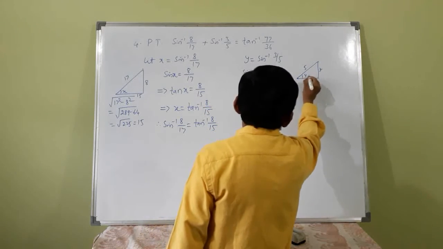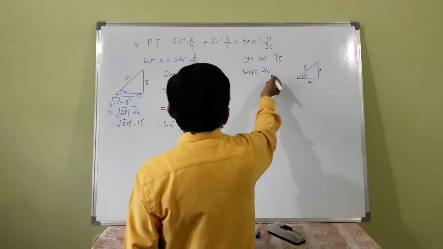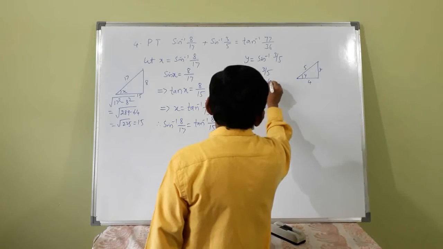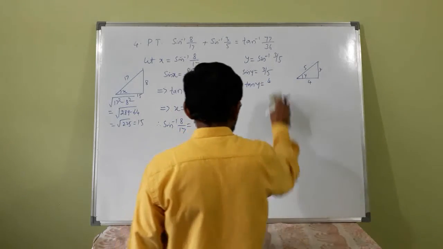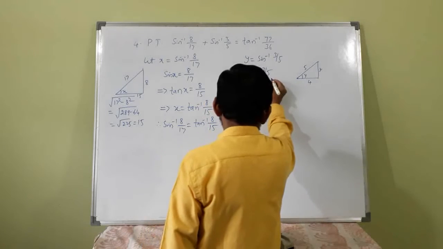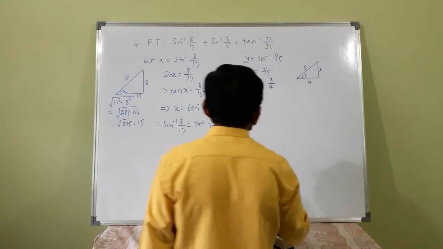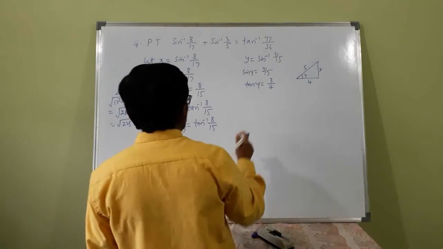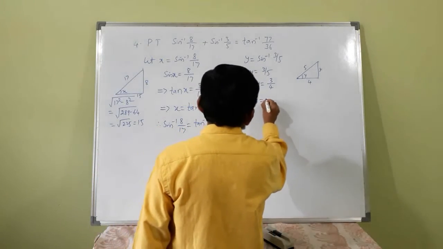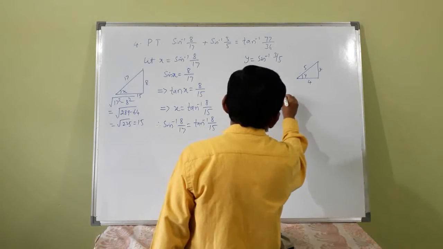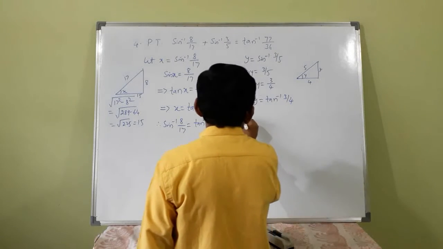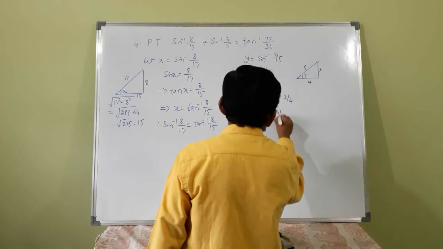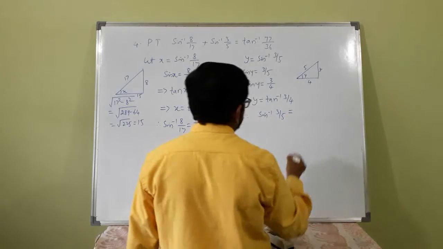This is y. Okay, if sin y is 3 by 5, tan y will be 3 by 4. See, y is equal to tan inverse 3 by 4. Therefore, sin inverse of 3 by 5 is the same as tan inverse of 3 by 4.